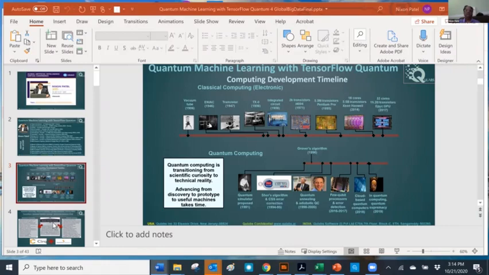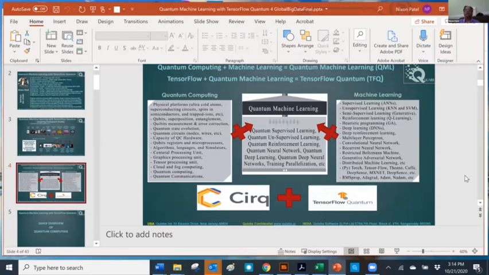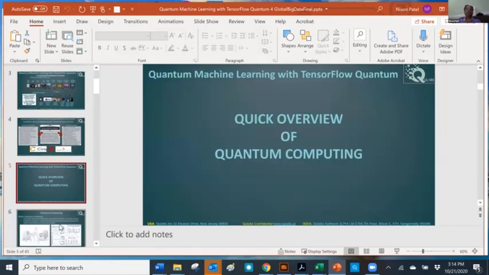The next slide is an overview of how quantum machine learning came about, as the machine learning aspect of classical computing and quantum computing aspects were brought together. And currently we have frameworks like Cirq and TensorFlow, which give rise to TensorFlow Quantum from Google, which is what we are focusing on today to do quantum machine learning problems.